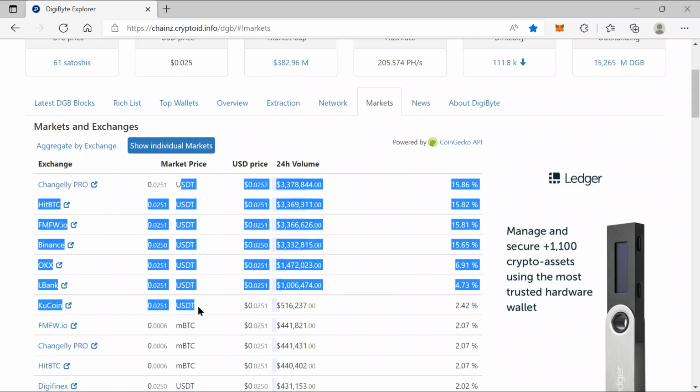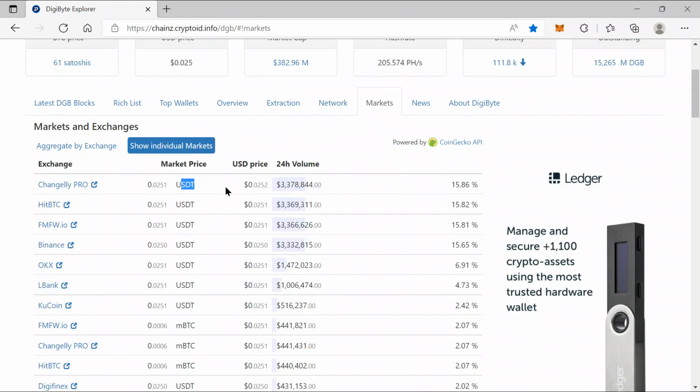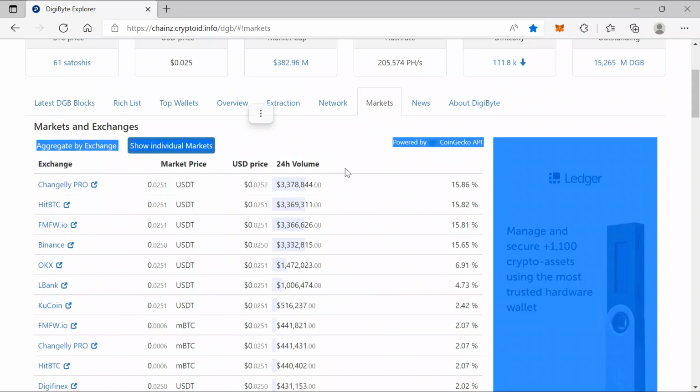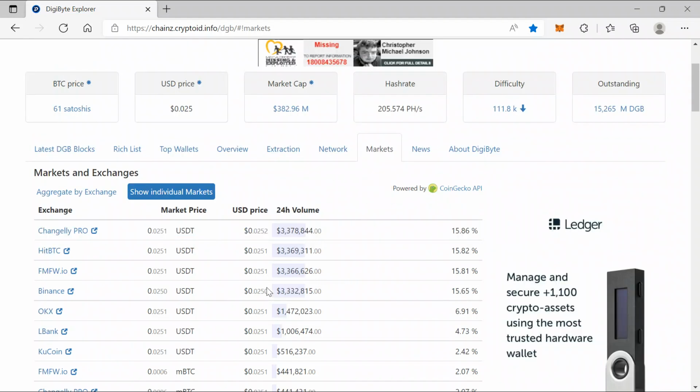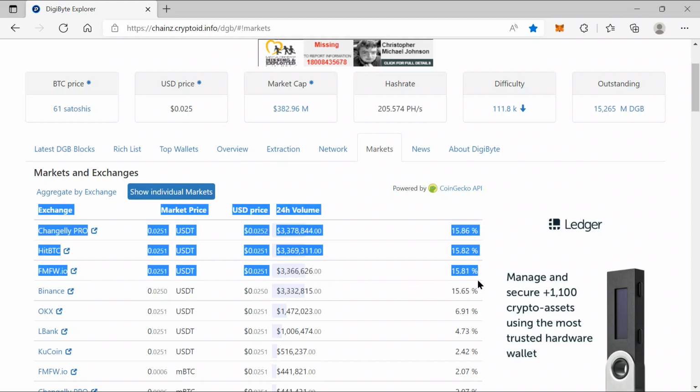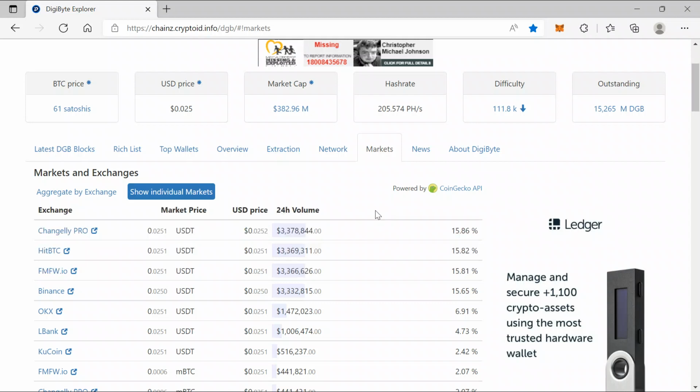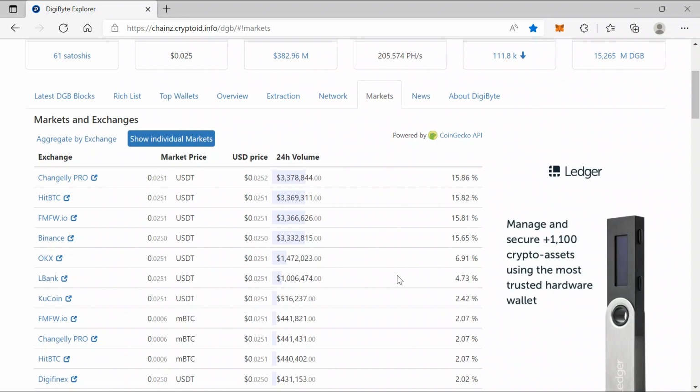They're all pretty much US dollar Tether for the largest pairs, and then the ones that are always real suspect are these three right here. Sometimes these numbers are almost exactly the same for 24-hour volume and US dollar price. In fact, you'll see a clip where that is true. These are all the exact same number over the course of 24 hours, which is highly suspect.